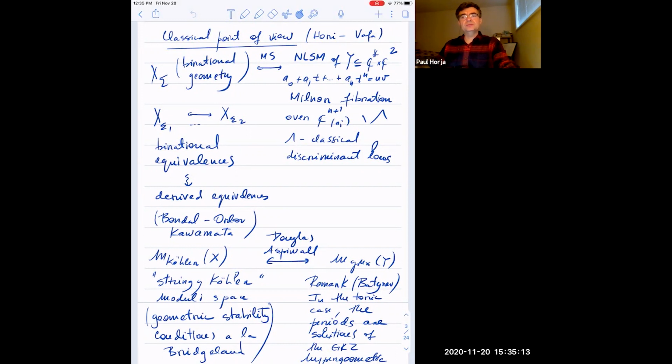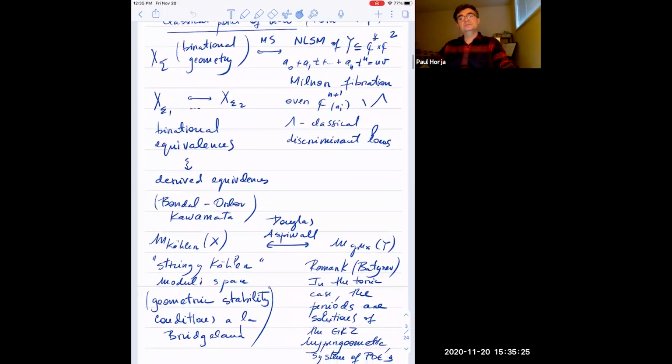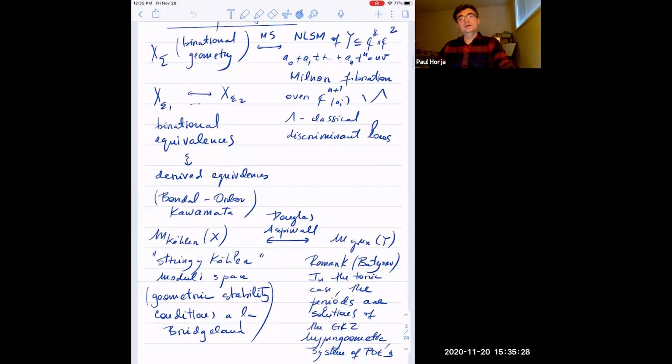So now, continuing with this very classical point of view, this goes back maybe 20 years or so. Of course, the story of mirror symmetry is even older, maybe 30 years now, but this was made explicit in a long paper by Horja and Vafa, where they wrote down exactly how this dictionary should work, namely on the left side, you have birational geometry, where you take birational equivalences.